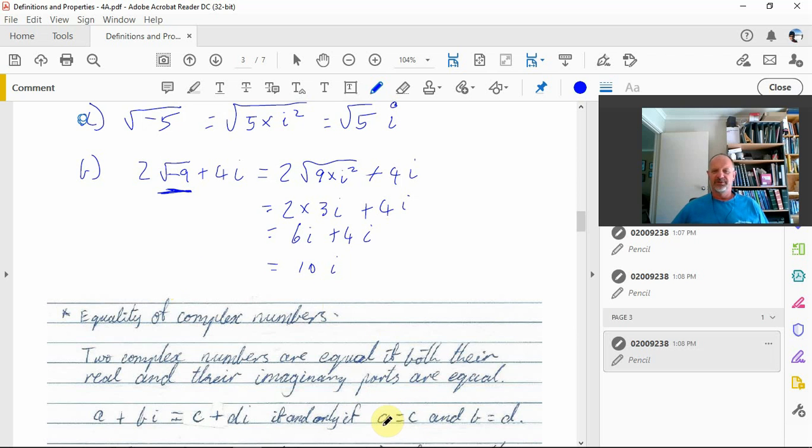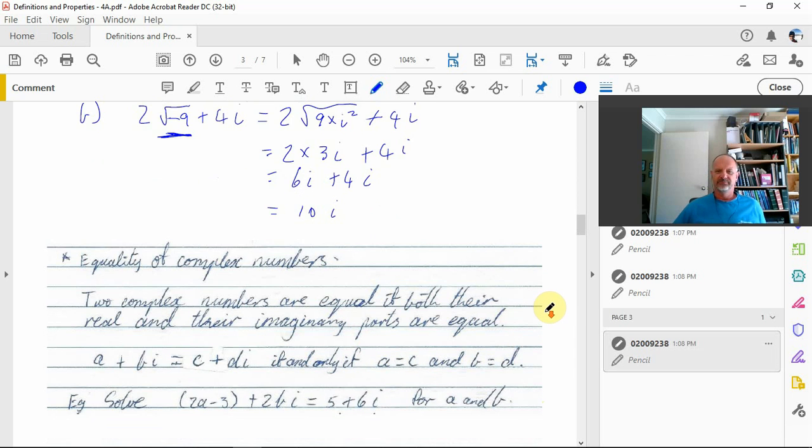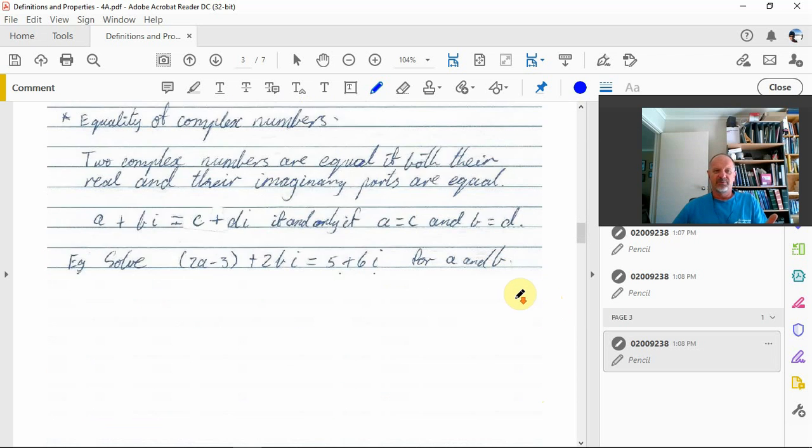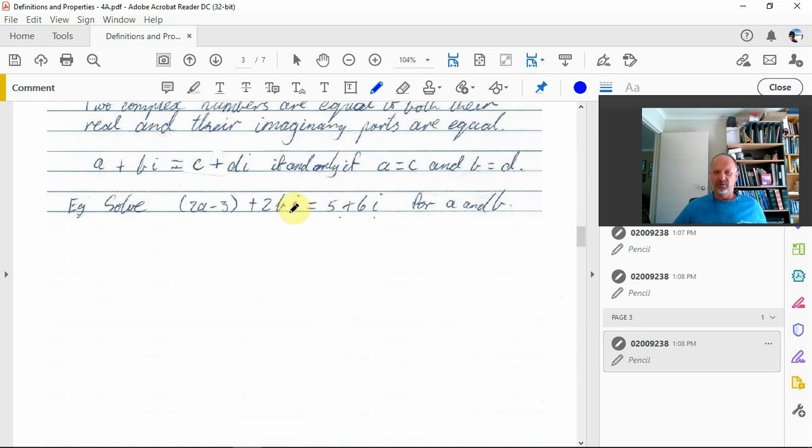Those two, a and c, have got to be equal, b and d have got to be equal. So if and only if means that has to happen, and that's the only time they could be equal.